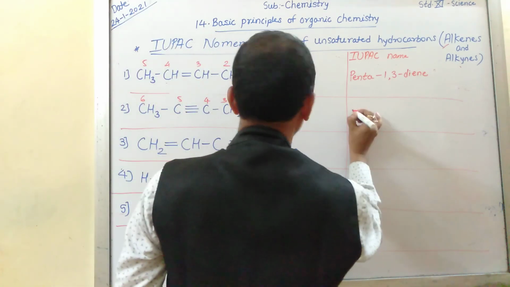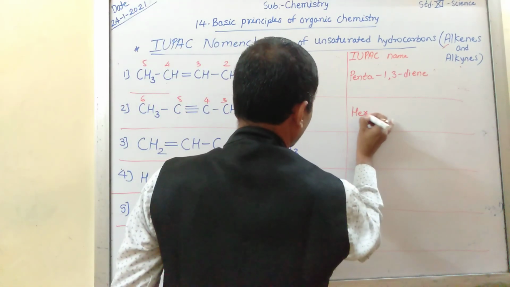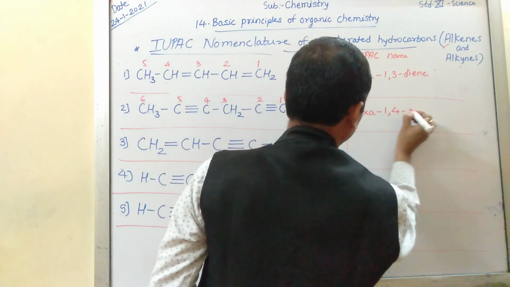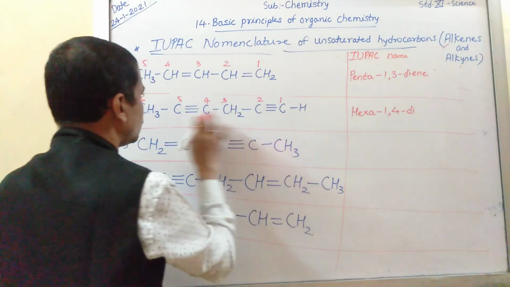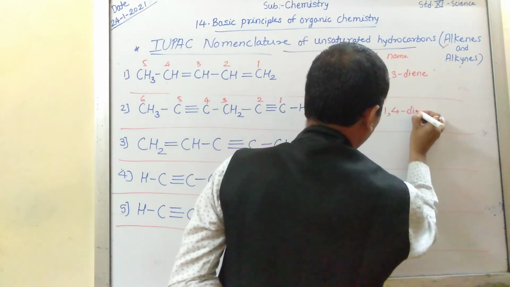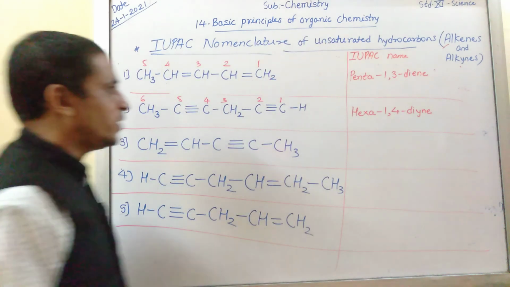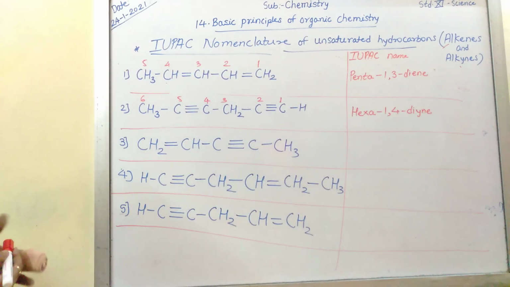So here you get hexa, because there are 6 carbon atoms. 1, 4 di, because there are 2 triple bonds, and for the triple bond we put yne. So the name is hexa-1,4-diyne.